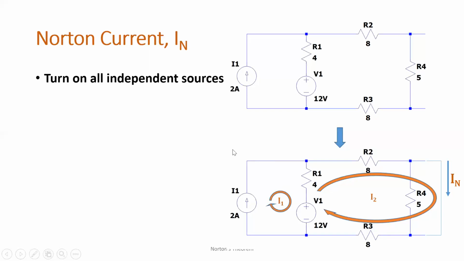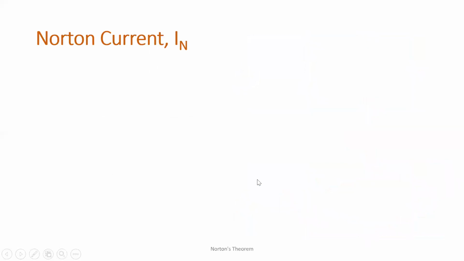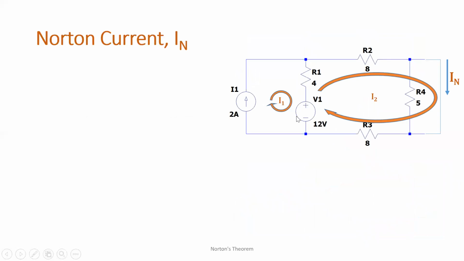Let's go on with mesh analysis. The next step is to solve for the short circuit current. Actually, I sub 2, or the second mesh current, is already equivalent to the Norton current because the current that flows in I2 is the same as the current that flows in this wire.